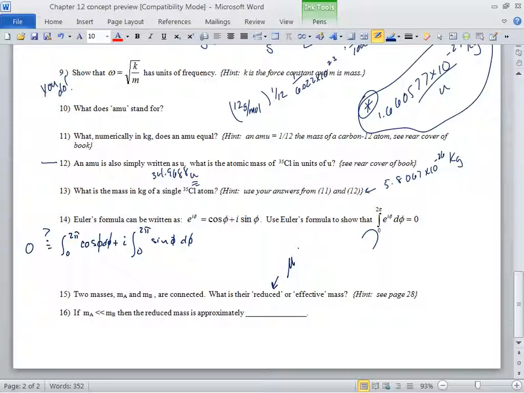So one is mass A, the other one's mass B. And how you write that is, the reduced mass is mu. Well, 1 over mu is 1 over Ma plus 1 over Mb, if there's two of them.